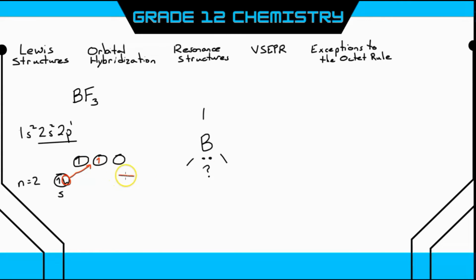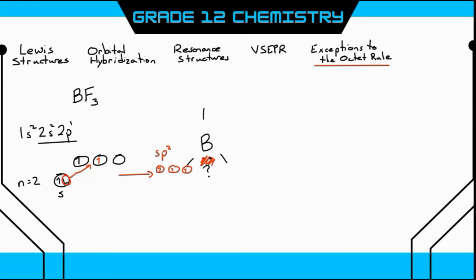And then it's going to, you guessed it, hybridize these orbitals into our sp2 orbital, where we have 3 bonding options. So we only have 3 bonding options. Boron is happy with 3 bonding options. This is another exception to the octet rule. So we do not need that extra pair of electrons.